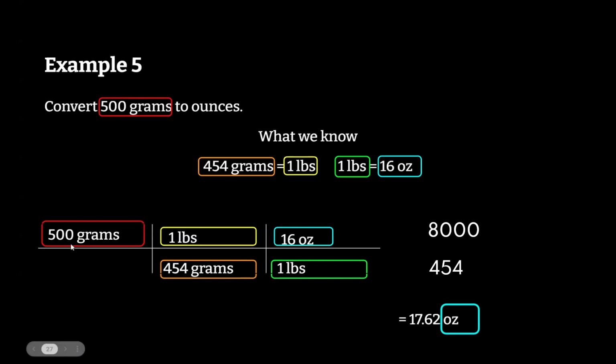So again, we are going to take our 500 times 1 times 16. We'll get our answer. 454 times 1, get our answer. We will divide those two numbers to get our final answer of 17.62 ounces.